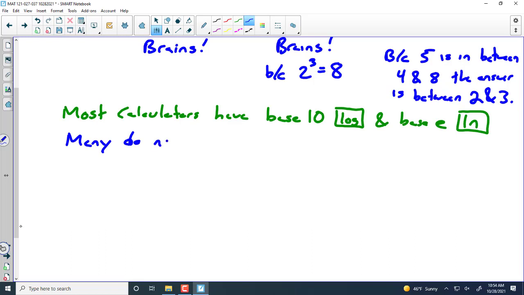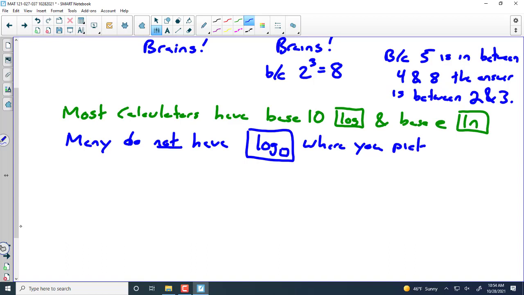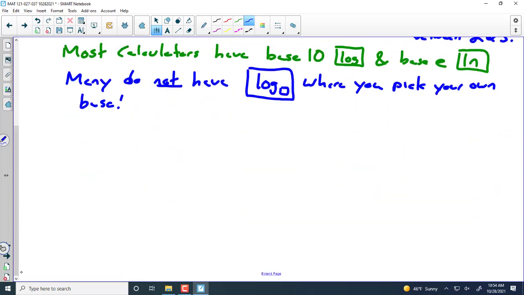Many do not have a button that looks like this, where you pick your own base. Some do. I've talked to some of you who have that button on your calculator, but most of us don't have that. I don't have that on my calculator. So for us, we're kind of up the creek because we don't have a button on our calculator that lets us do this.